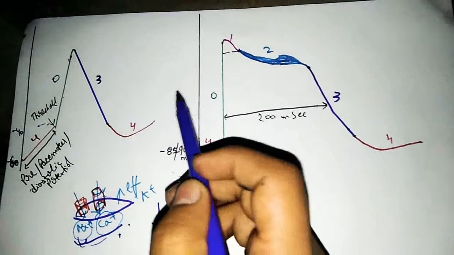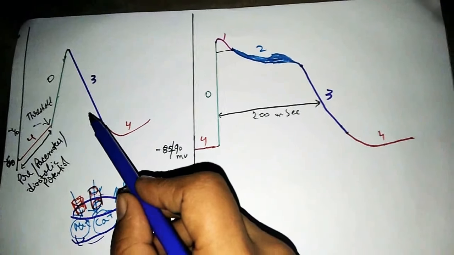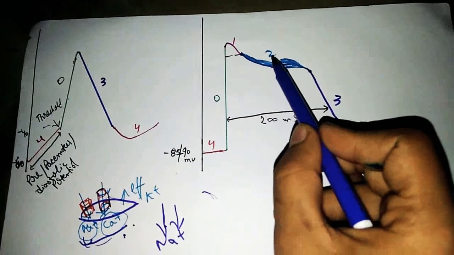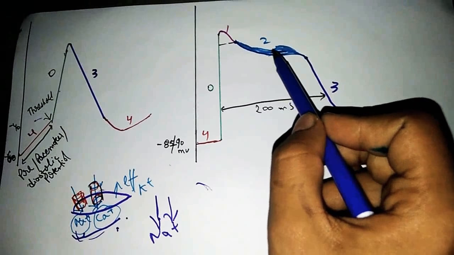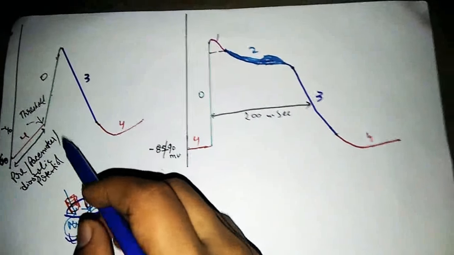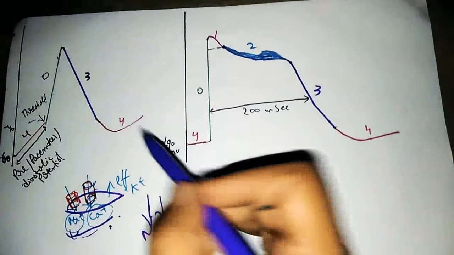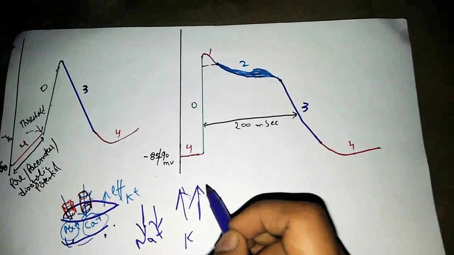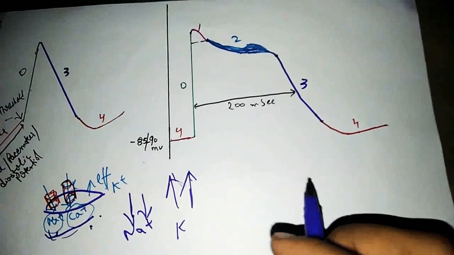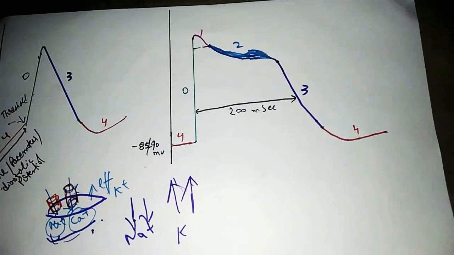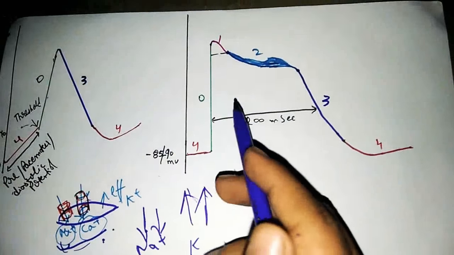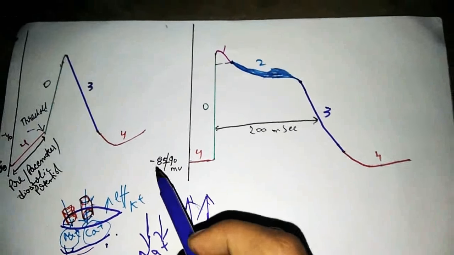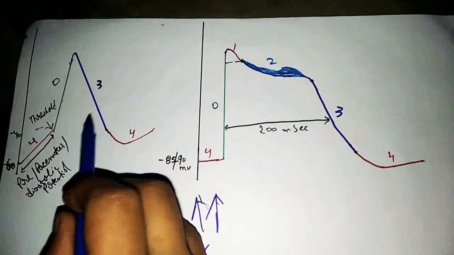Why? Because there is no role of the slow L-type calcium voltage gated channels. So directly after depolarization, there is repolarization through the efflux of potassium ions through the opening of voltage gated potassium channels.